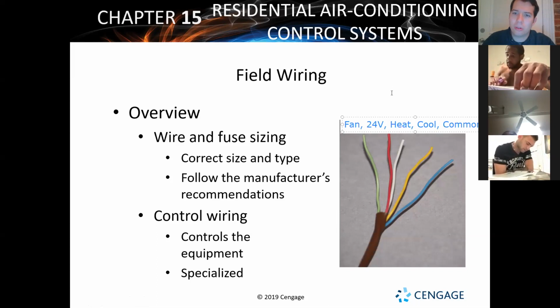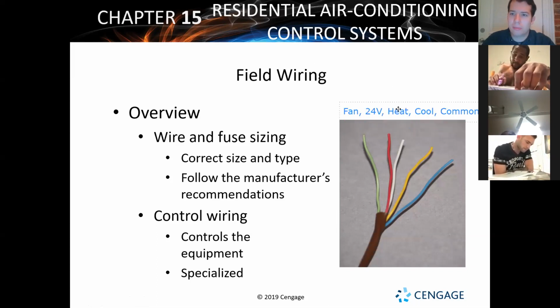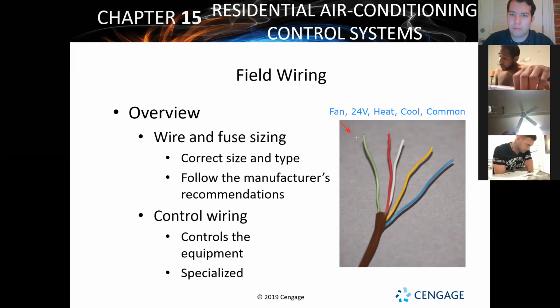As far as our order for these wires, because we've got a fan, it's going to be our green wire right there. 24 volts is going to be our red. Heating is going to be our white. Cool is our yellow. Common is our blue.